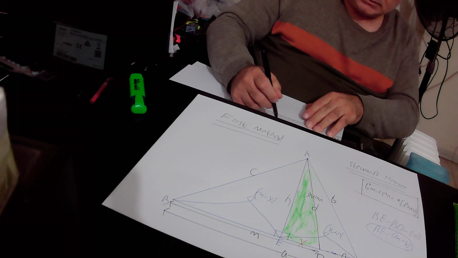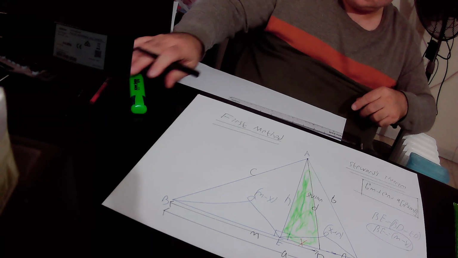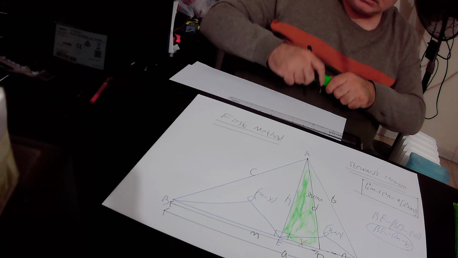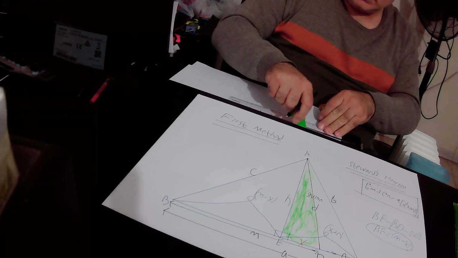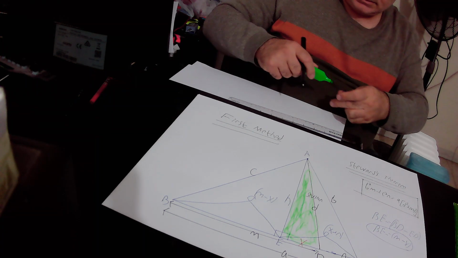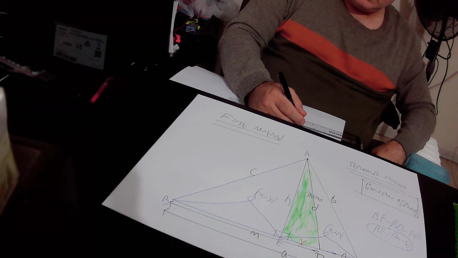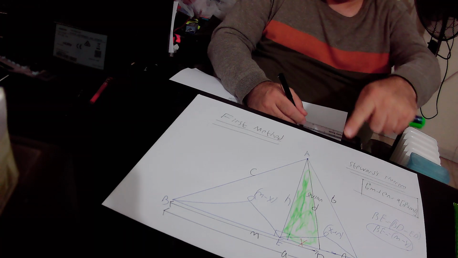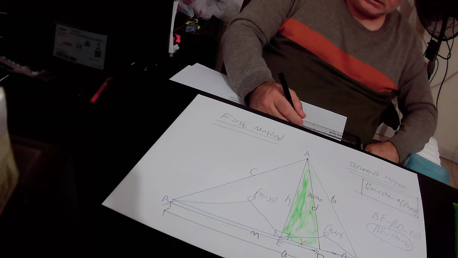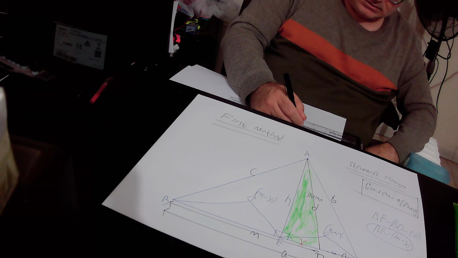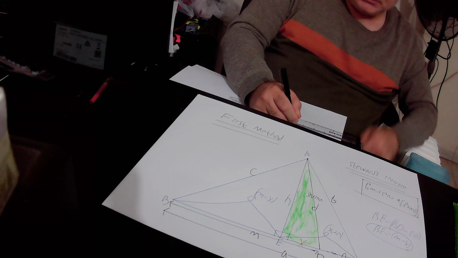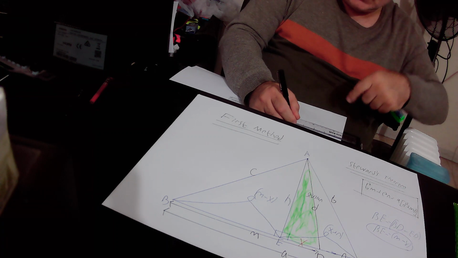According to the Pythagoras theorem, on the right triangle AEC, the hypotenuse is AC, therefore the square of the hypotenuse is AC squared.